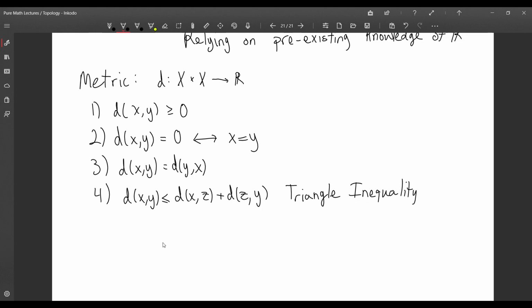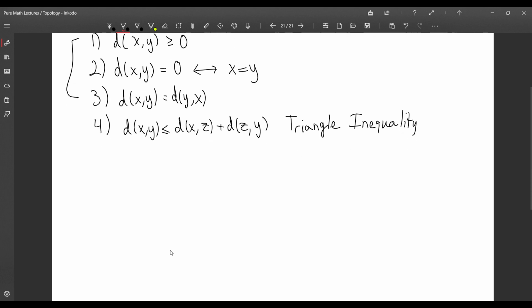And this is the most important aspect of a metric, in that it gives you that oomph, right? All of these other properties are not that strong, but the triangle inequality is very strong, and we can use it to do a lot of technical stuff.